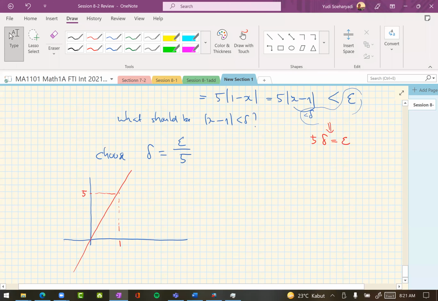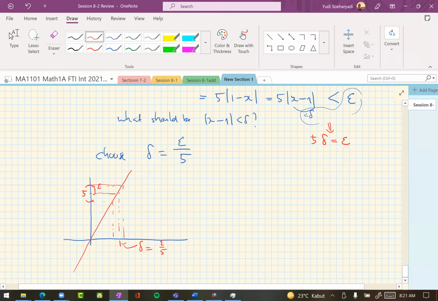So if you make errors in this thing, you would find the delta is smaller, by a factor of 5, because the slope is 5.